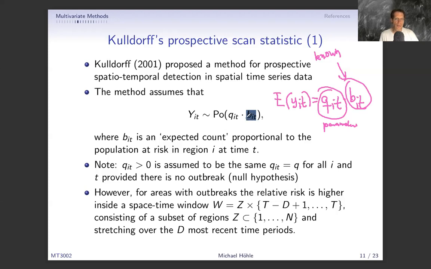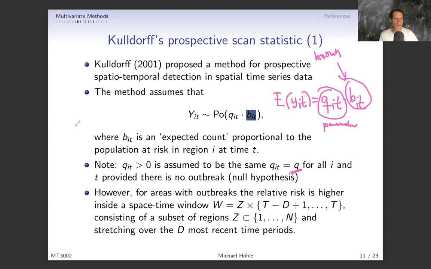And the important part, so this is the parameter of interest, is that if there's no outbreak, then for all regions and all time points, it will be equal to the same value, q, right? So there's really no difference at all over the regions or the time points, and this will be our null hypothesis.